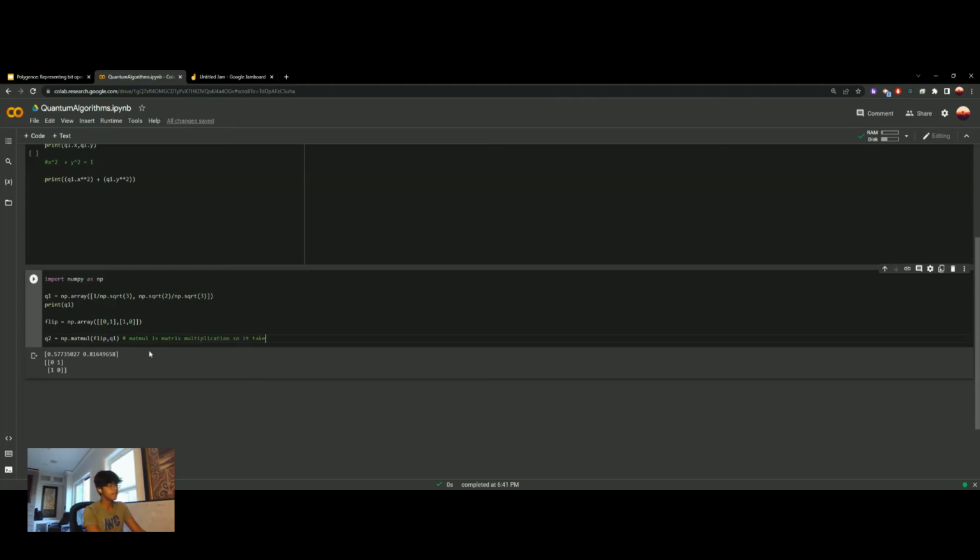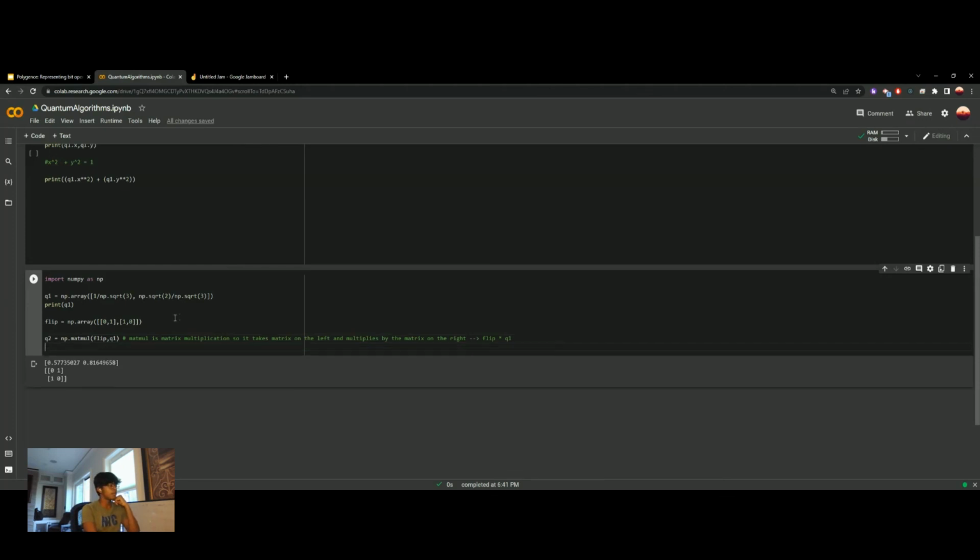It takes the matrix on the left and multiplies it by the matrix on the right. So essentially it would really just be the flip matrix times the Q1 matrix.